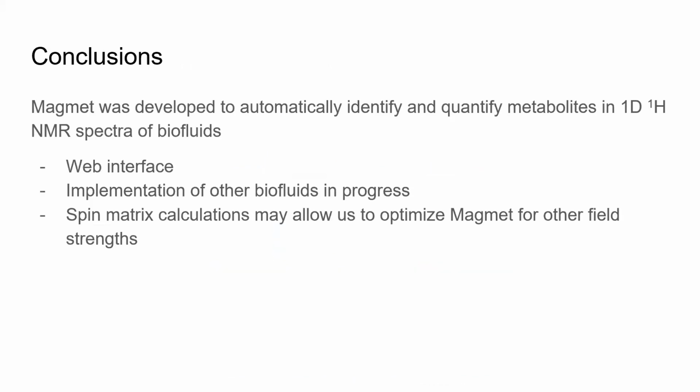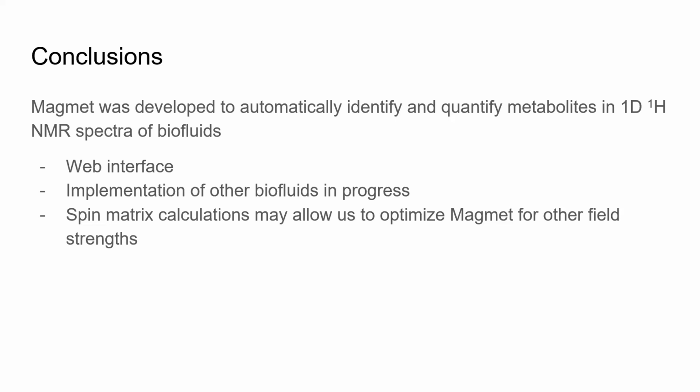So in conclusion, Magmet was developed to automatically identify and quantify metabolites in 1D proton NMR spectra. We implemented a web interface, and we're working on implementing various biofluids in addition to serum and fecal that are currently on the website.